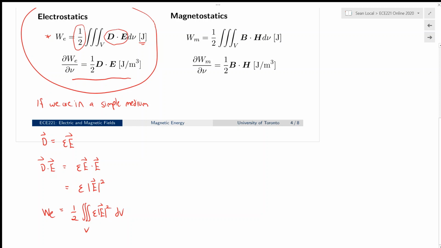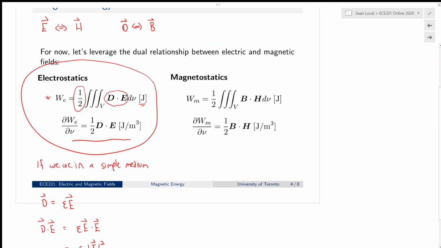Applying this duality principle between the E and H field and the D and B field, we can write corresponding expressions for the magnetic stored energy in a volume V and the corresponding magnetic energy density just by replacing D with B and E with H. And these are in fact the correct expressions for those quantities.